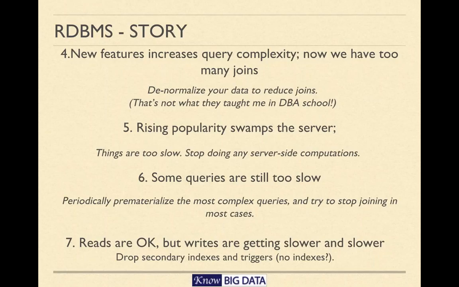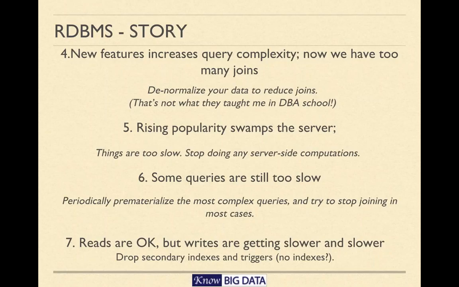So you try to drop the secondary indexes in order to avoid these kinds of problems. Similarly, there's something called triggers on the table. A trigger is logic which gets executed when something happens on a table, such as when the table gets a new row, or a row is edited or deleted, or the table gets dropped or created.